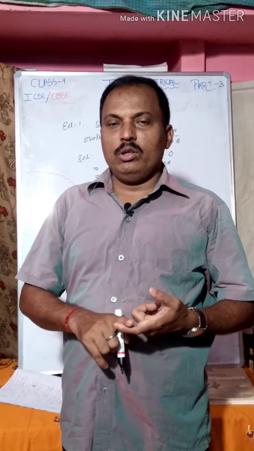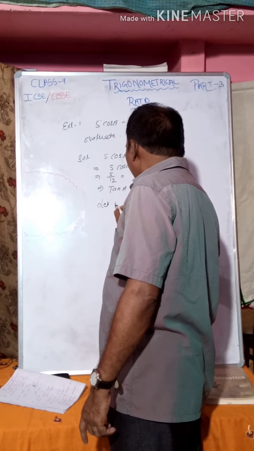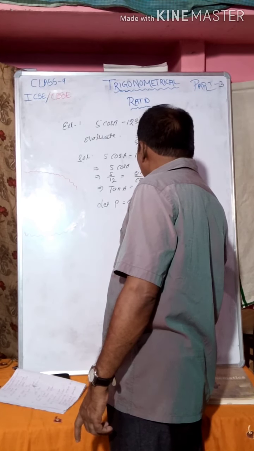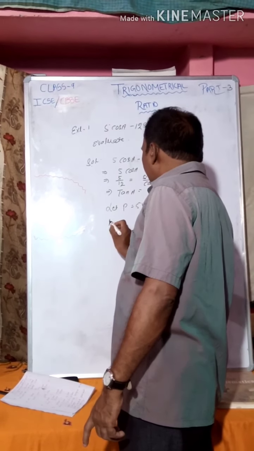P is given and B is given, so first we will find the H value. Let P be 5x and B be 12x.